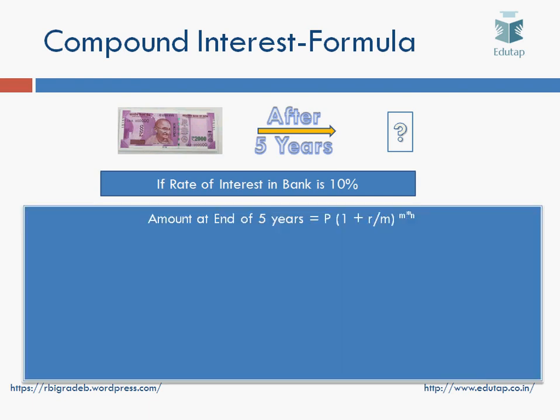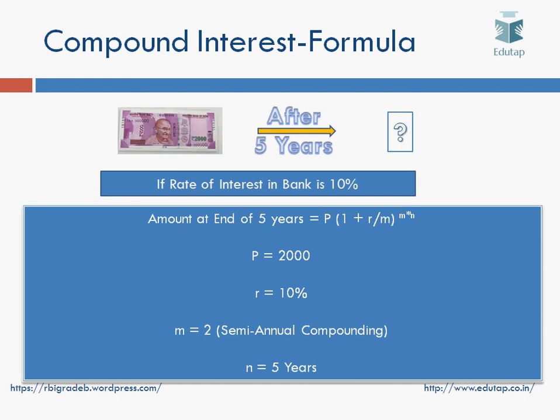So if we want to calculate the amount at the end of 5 years using this formula, let's try to solve this example. The amount at the end of 5 years would use this formula, P into (1 plus R by M) raised to the power M into N. P here is 2000, R is 10%, M is 2 for semi-annual compounding, because we are assuming semi-annual compounding, and N equals 5 years because we want to calculate after 5 years.